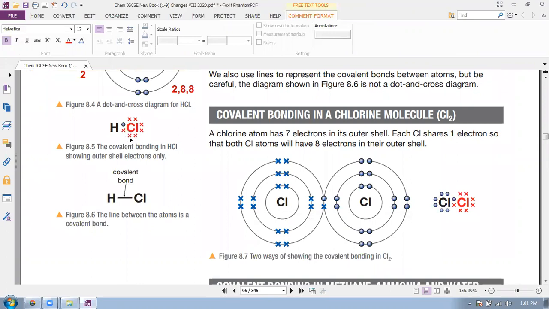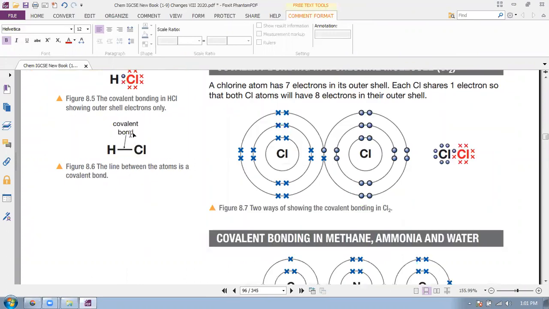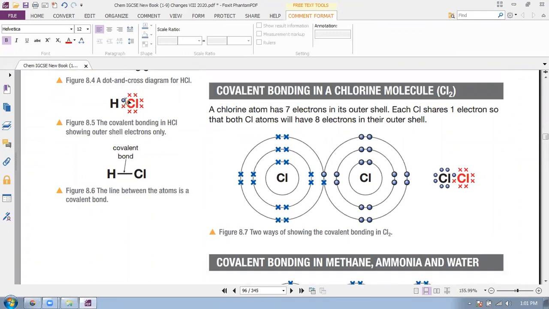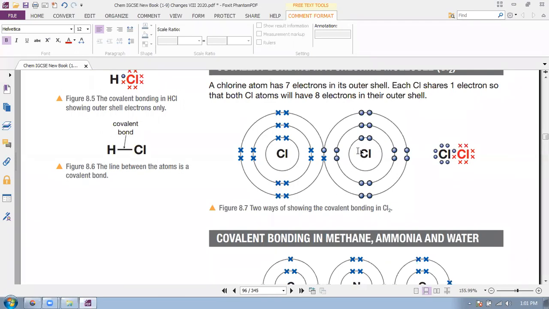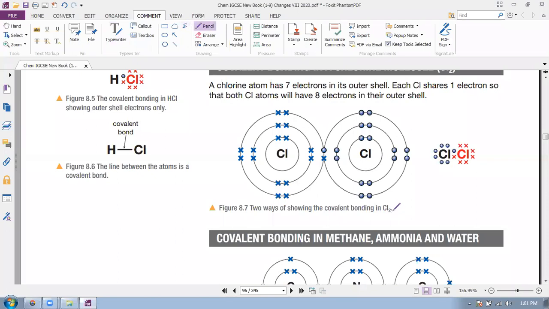Now we look at this. It can be drawn like this also. No problem. Look at this. Now these two electrons, the shared pair, it is expressed like this, covalent bond, simply like this. This is only for chlorine. Chlorine is diatomic. Look at this, Cl2. Two chlorine atoms come together. They share their outer electrons.